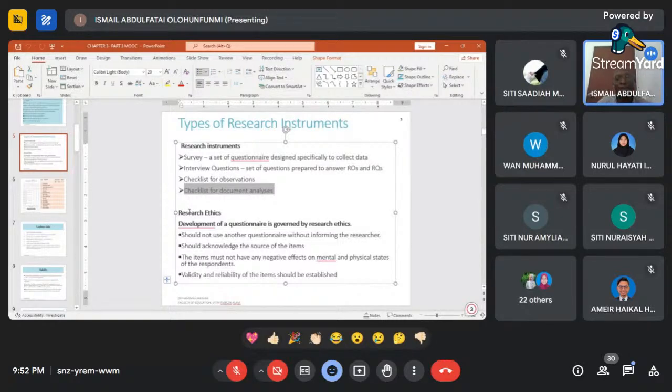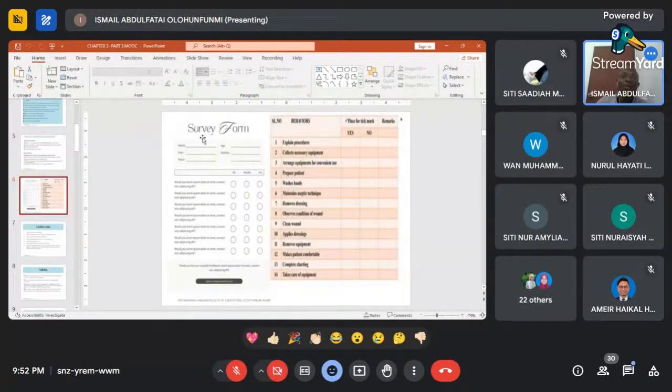It will not affect that person mentally or physically. So you need to look at that aspect also. The instrument you want to use must be valid and must also be reliable. Now, this is an example of a survey form. This is an example of an observation checklist.